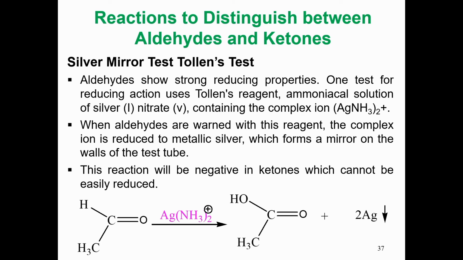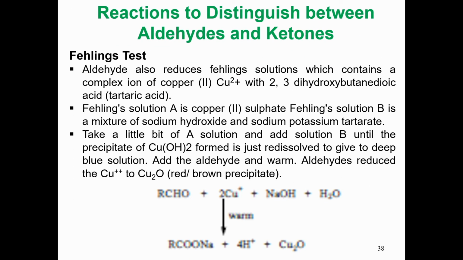In that case, the aldehyde itself will be oxidized to carboxylic acid. Aldehyde is also going to reduce Fehling solution, which is blue, to a reddish brown precipitate of copper(I) oxide. Itself is going to be oxidized to carboxylic acid.